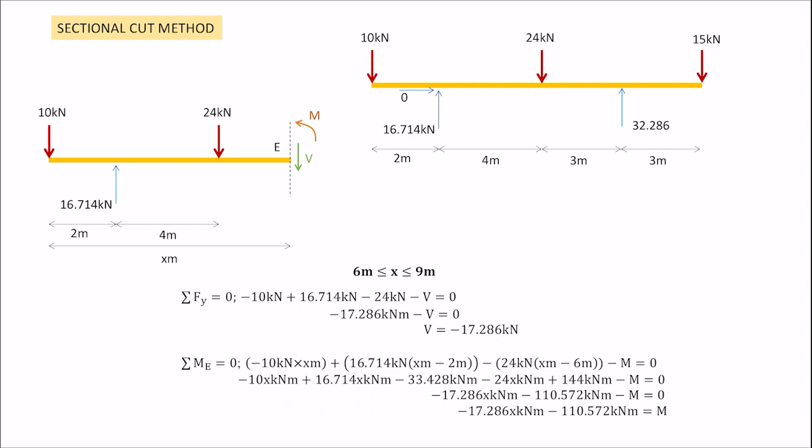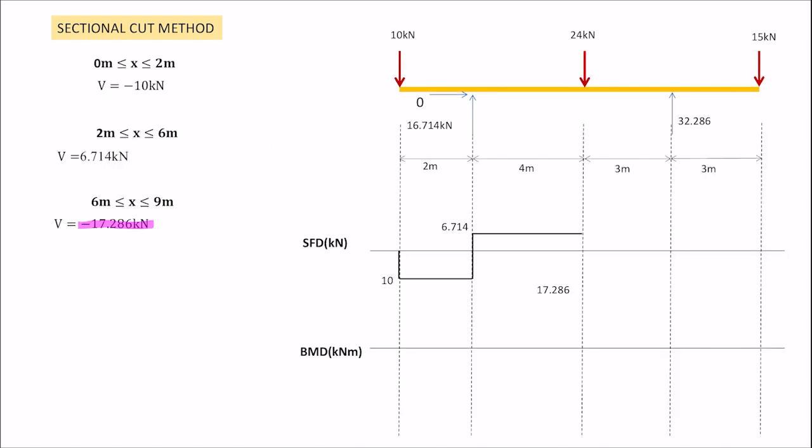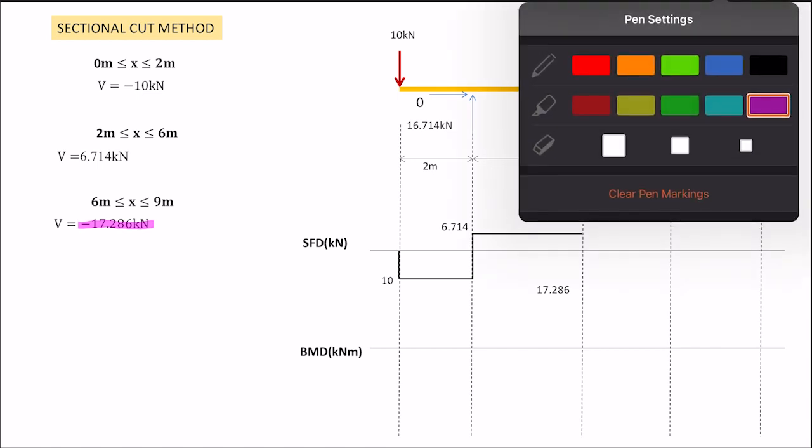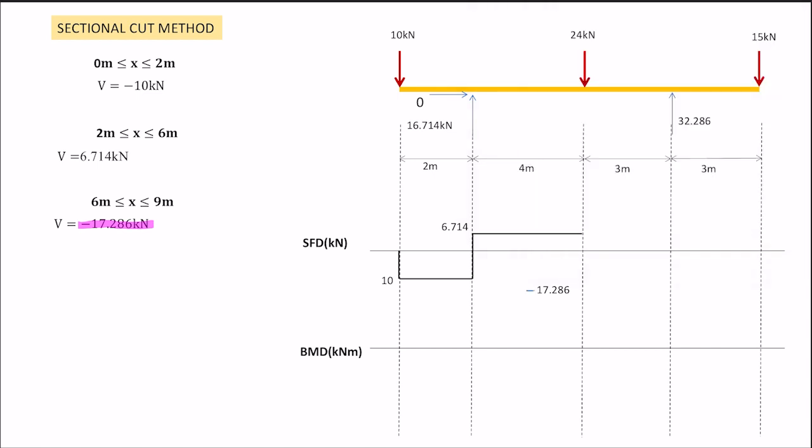Here, if you notice, I made a typo. I have corrected it, and your handout should be correct. The value is negative 17.286. Next, for the 3 meters from 6 to 9 meter, the value is negative 17.286, therefore a straight line.